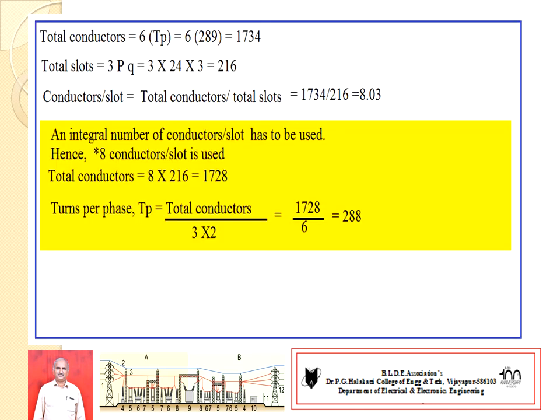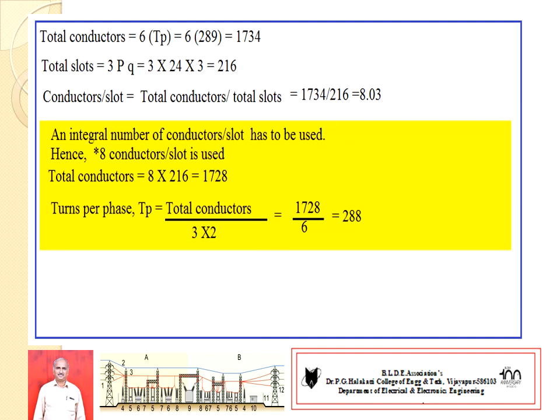Total conductors equals 6 times turns per phase. We are going to get 1734. Then total slots equals 3 times poles into Q. So we are going to get 216. Then conductors per slot equals total conductors divided by total slots.